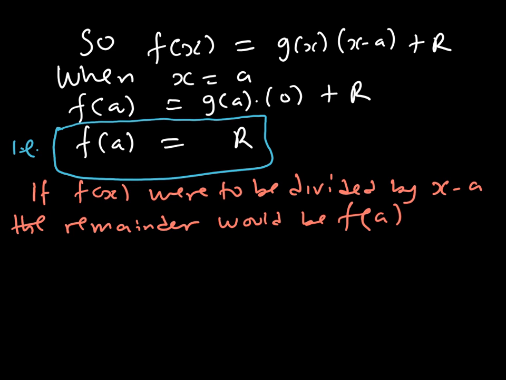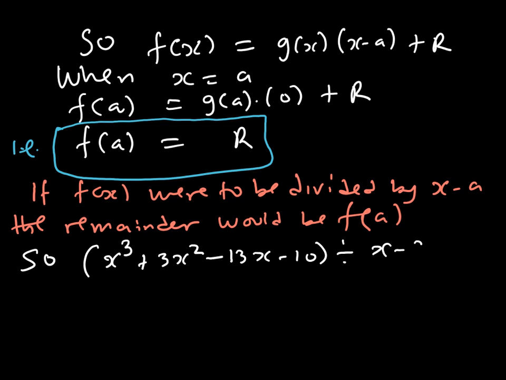So let's talk about this. x cubed plus 3x squared minus 13x minus 10. If you divide this by x minus 3, what would be the remainder?